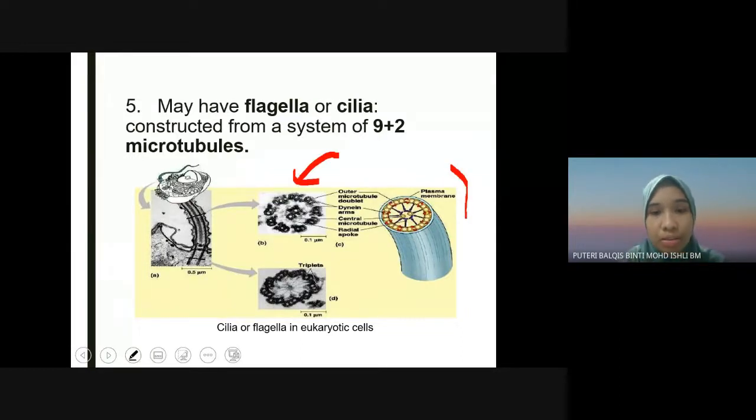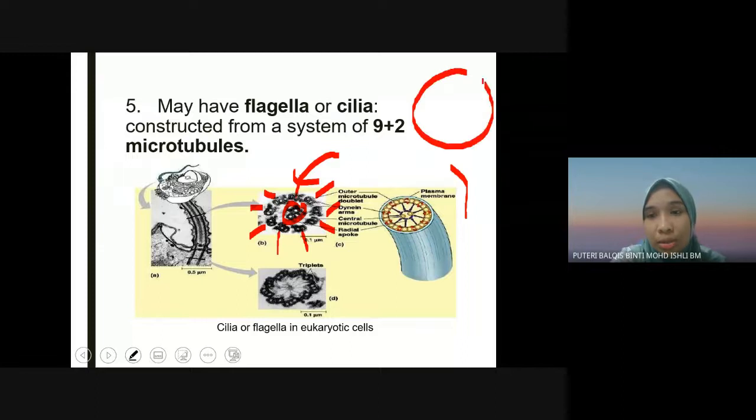Dekat mana 9 plus 2 tu? Setiap ni, okay, 1, 2, 3, 4, 5, 6, 7, 8, 9 plus 2. So dia arrange dalam bentuk bulat and ada tengah-tengah ni lagi 2. Itu adalah 9 plus 2 microtubule. Microtubule tu adalah protein.